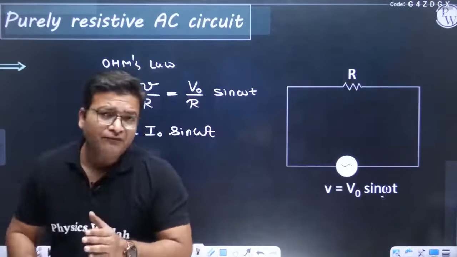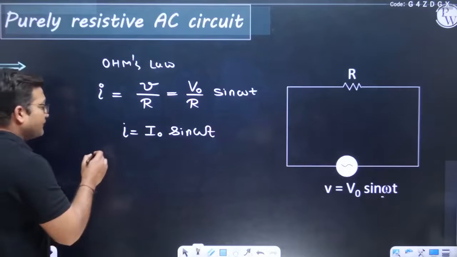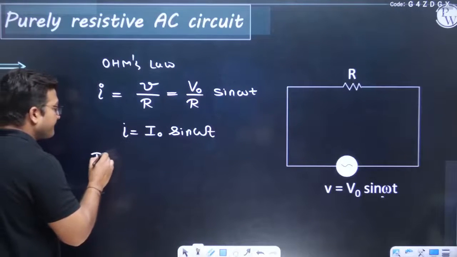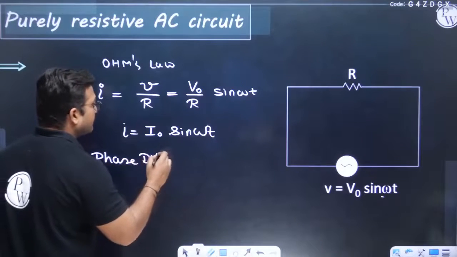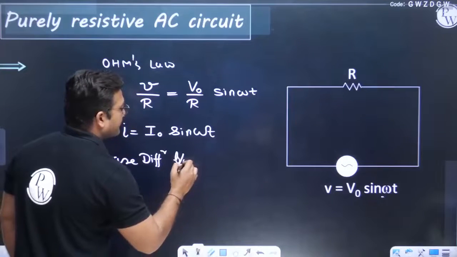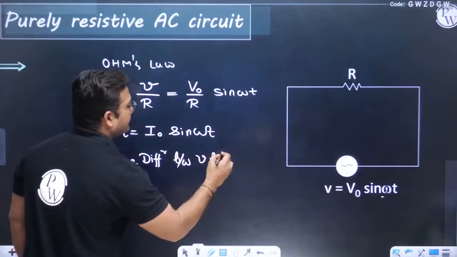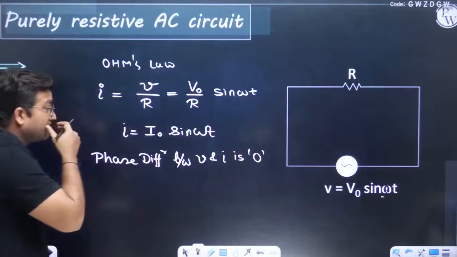So if you think of the difference of phase, the phase difference between voltage and current is 0 because the phases are the same.